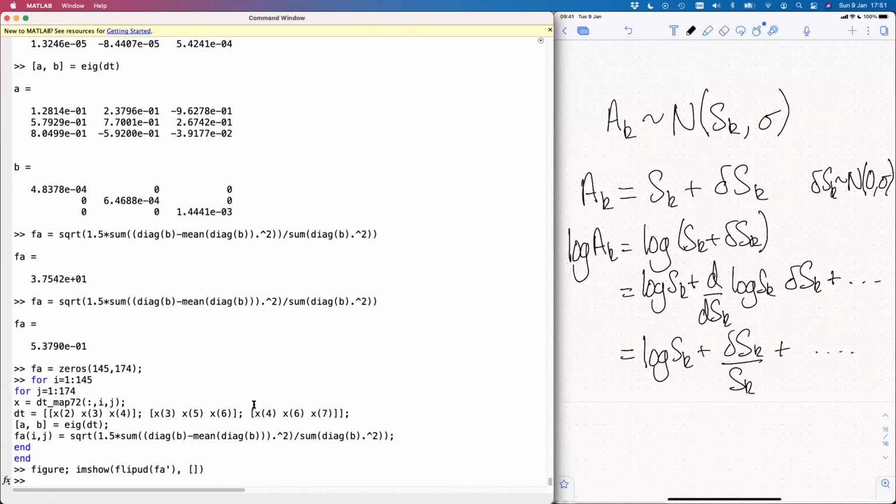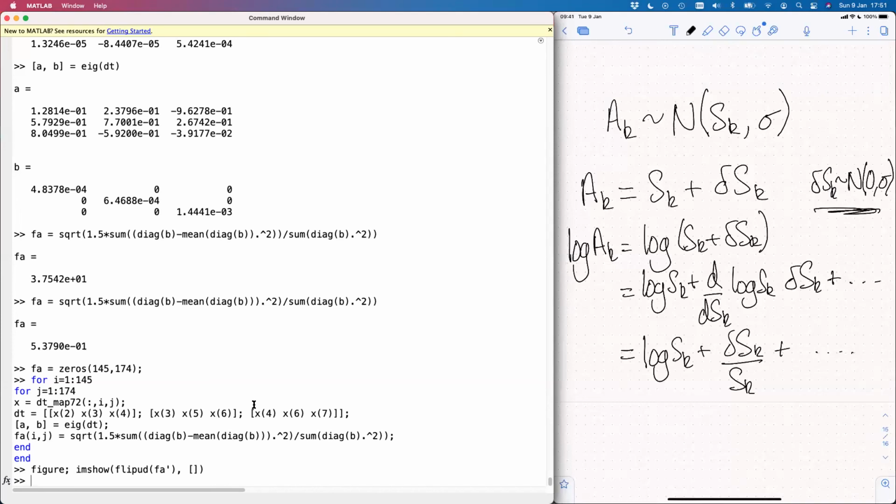And that tells me then that the perturbation on log AK is delta SK, which of course was Gaussian distributed, divided by the signal SK.